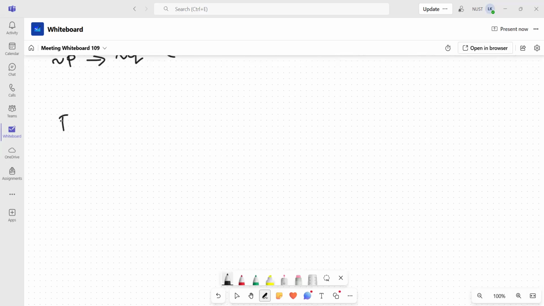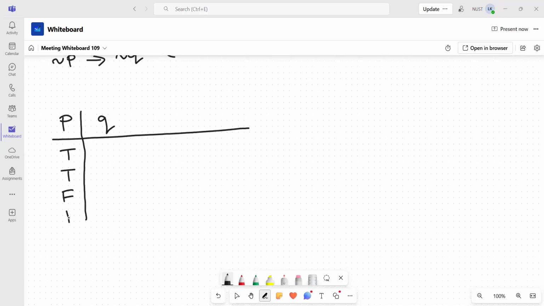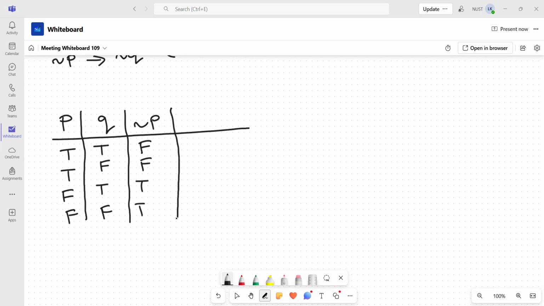So we write our truth table with P, with Q. P can be true, true, false, false, and Q true, false, true, false. Then we have not P: false, false, true, true. And then we have not Q: false, true, false, true.